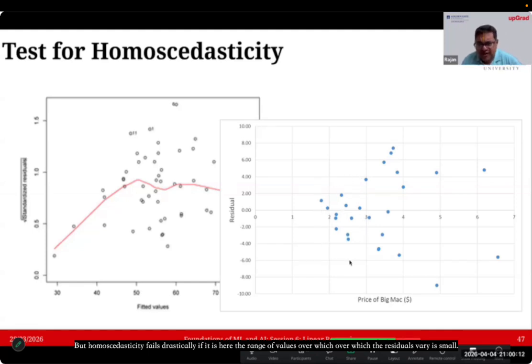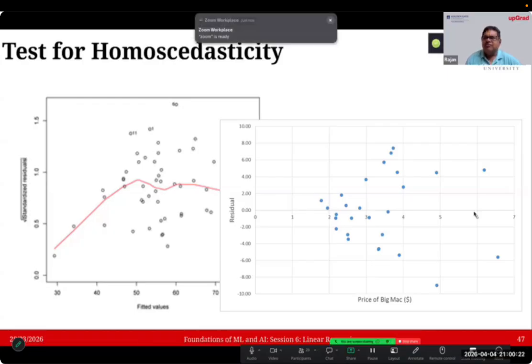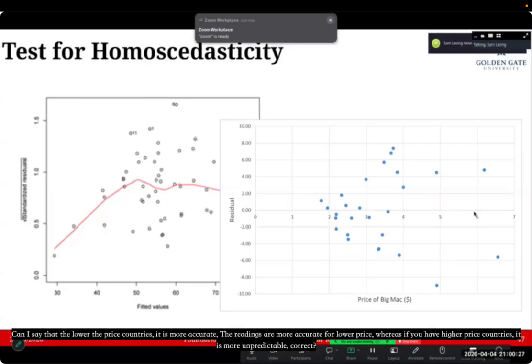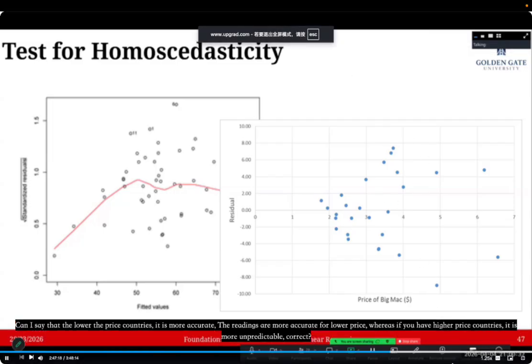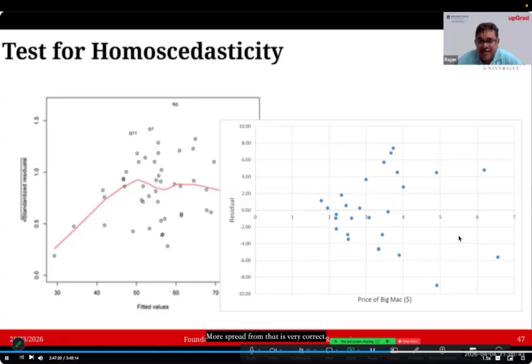Whenever you get residuals very small, put in class 1; whenever you get a very high value, the model doesn't care. The readings are more accurate for lower price countries, whereas higher price countries are more unpredictable and more spread. In random classification, you get 50% success.